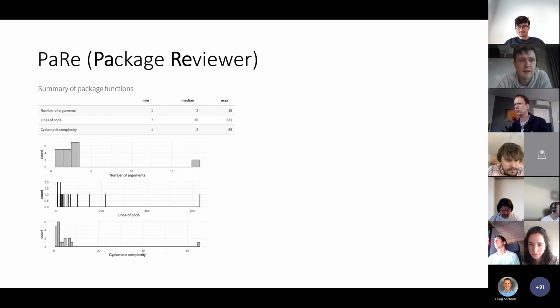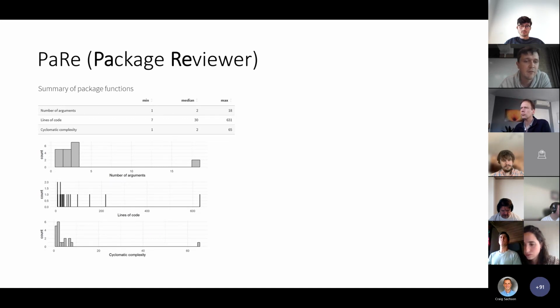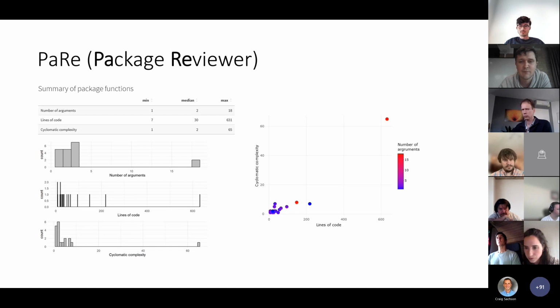Some things we can think about are the number of arguments to a function, lines of code in a function, cyclomatic complexity as well. And in this specific package that I'm showing, we have, in general, relatively low numbers of arguments, a medium level of lines of code, but one noticeable function with both a higher number of arguments, higher lines of code and higher complexity.